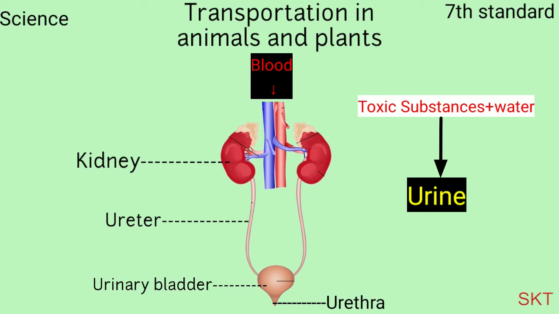Try to think, what does our human urine consist of? Our urine consists of 95% water, 2.5% urea and 2.5% other waste products produced from our cells. So it is important for us to drink plenty of water every day.